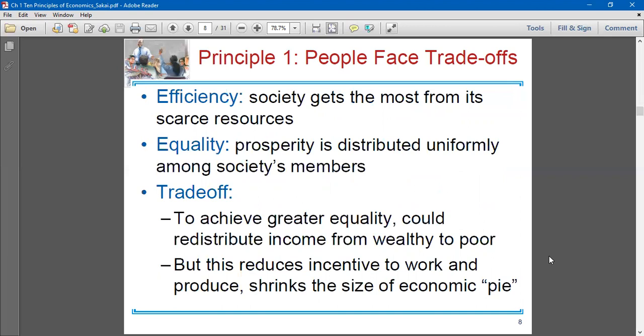Now, in terms of resource allocation, we have efficiency. The resources are scarce, yes, we understand, but are we wasting them? If we are able to use them in their proper manner, then it means that we are getting economic efficiency. And then equality means that whatever resources the society has are distributed uniformly, like everyone is getting their own share.